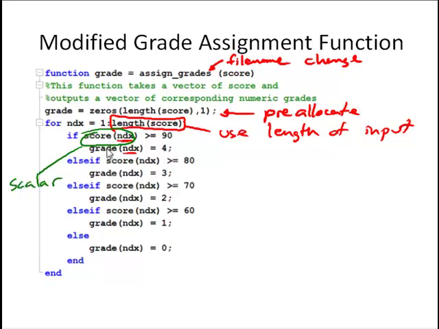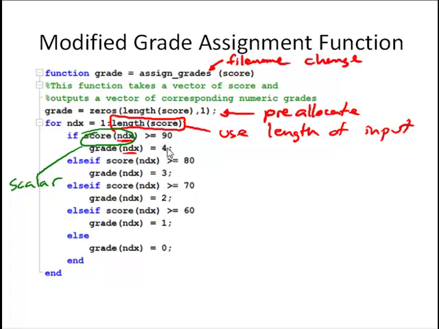And in general, this is what you want to do, use a scalar in your if statement, because then it's not going to be confusing with having to have every single element in the vector evaluated as true in order for these commands to execute.